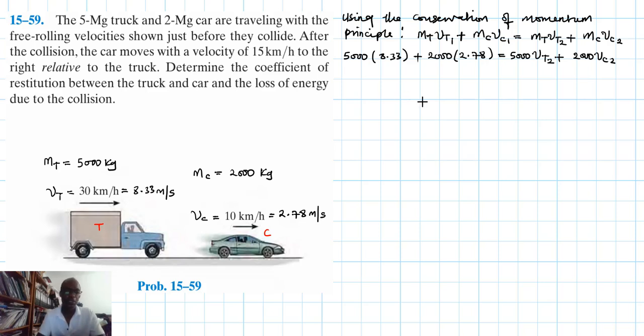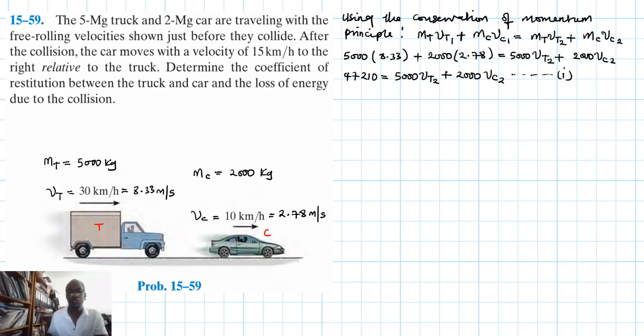Let's work it out. We have 5,000 by 8.33 plus 2,000 by 2.78. This gives us 47,210 equal to 5,000 VT2 plus 2,000 VC2, and this is our equation 1.